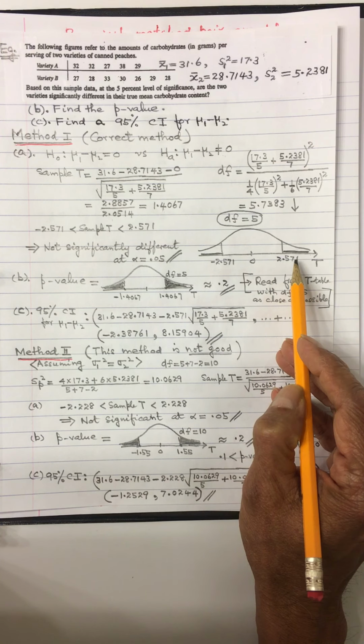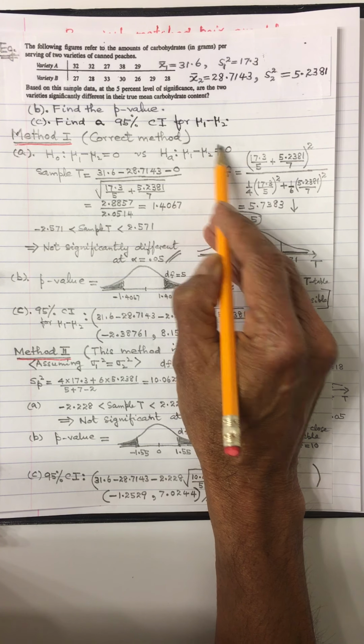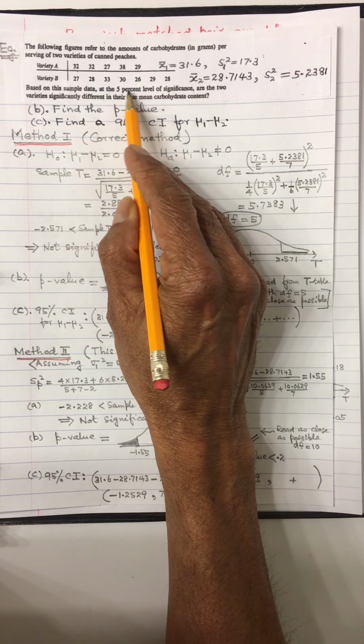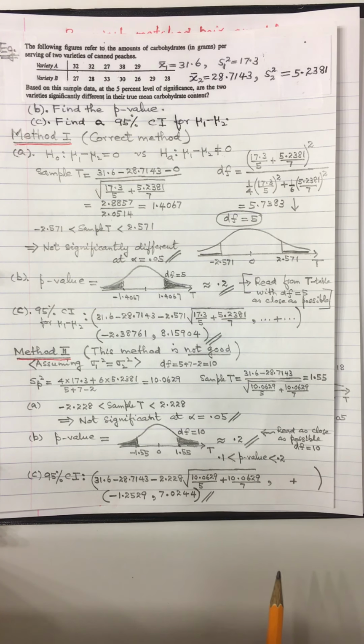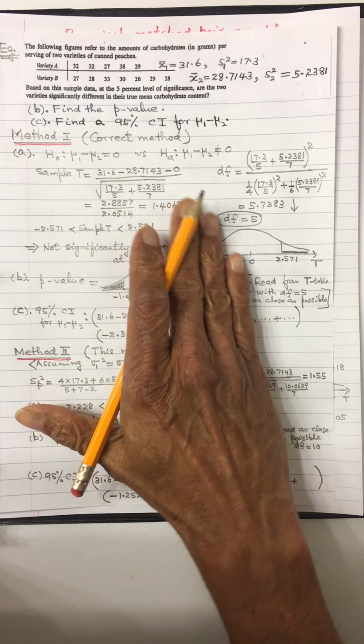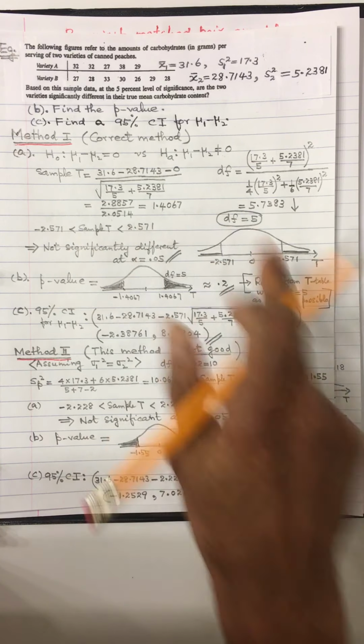It's going to be not that. But if you switch to 0.025 for the upper tail test, the cutoff is going to be the same. But in that case, there's no cutoff on the lower side. That's how it works.